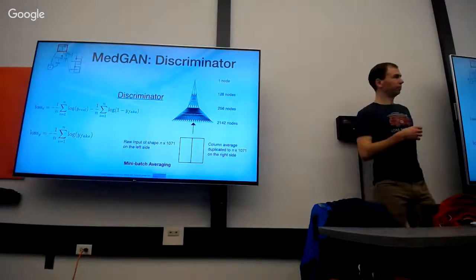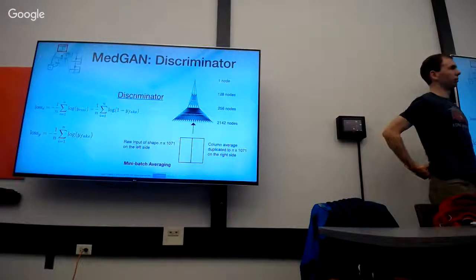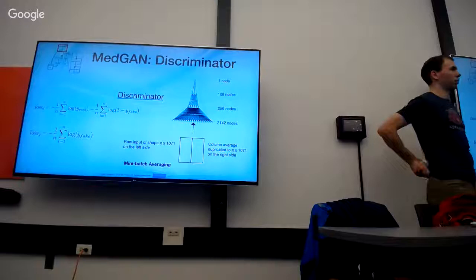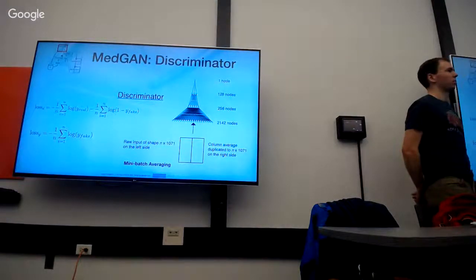It's one node output. So basically, it's a sliding scale of whether it's real or fake. They're not doing discrete. Usually, when I've done this, I do 2 output nodes, one for yes, one for no, and I take the difference. Whichever one's greater is the answer, and the difference is the confidence.